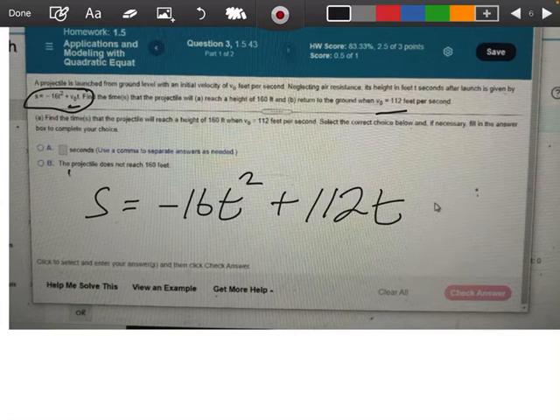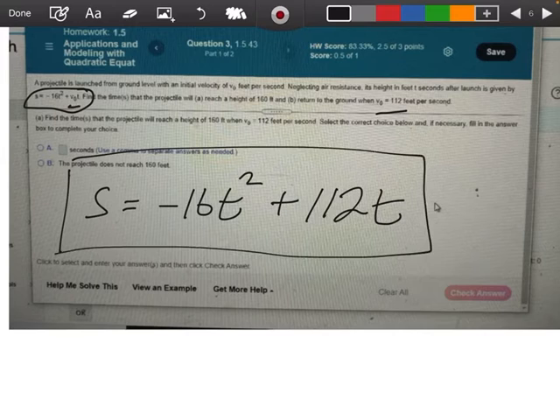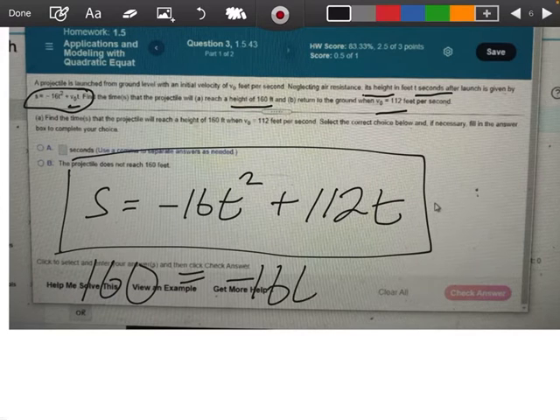This equation is what we call our position equation, my height equation, and it tells me the height in feet t seconds after launch. We want to figure out when the height is going to reach 160. So now I'm going to put 160 equals negative 16t squared plus 112t.